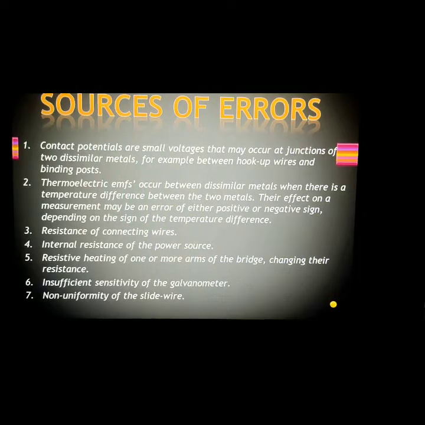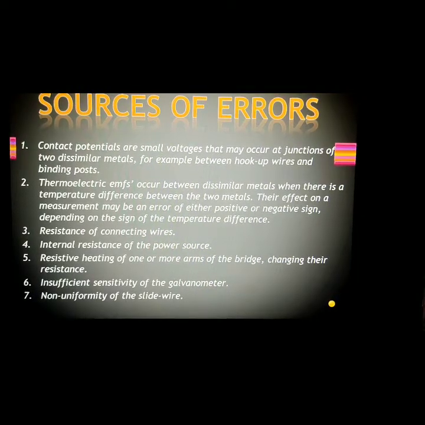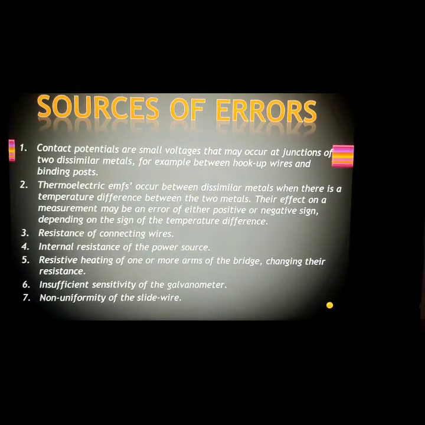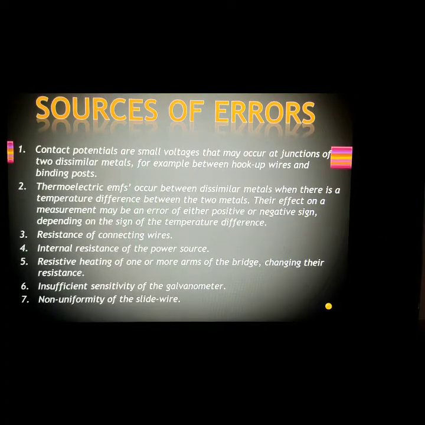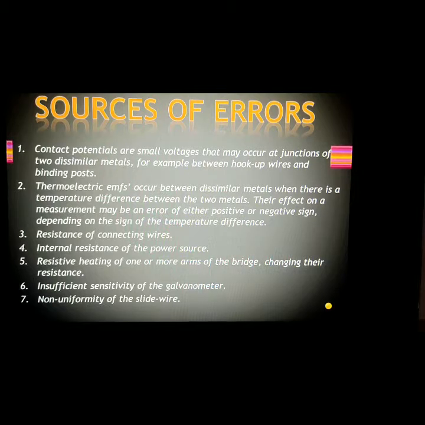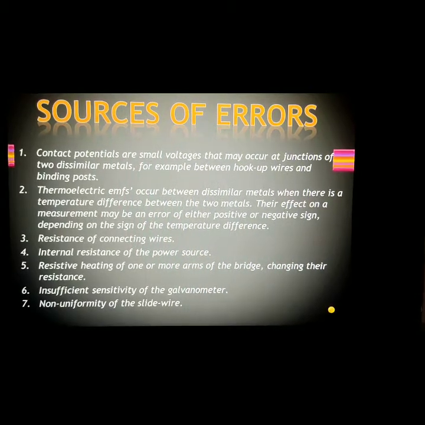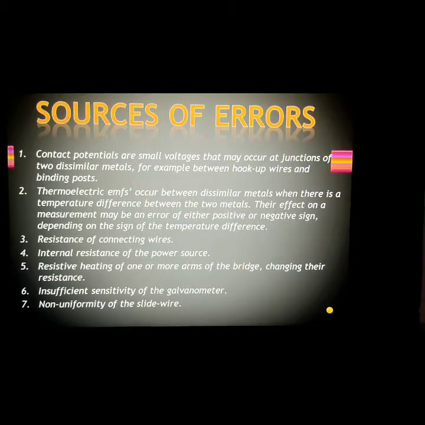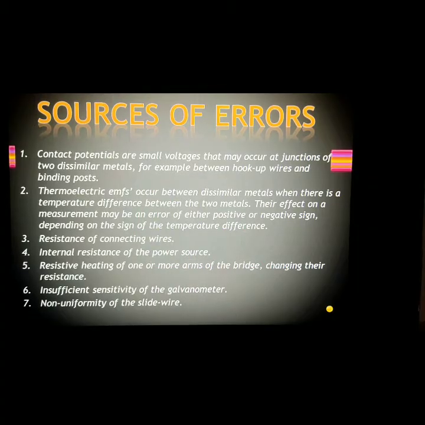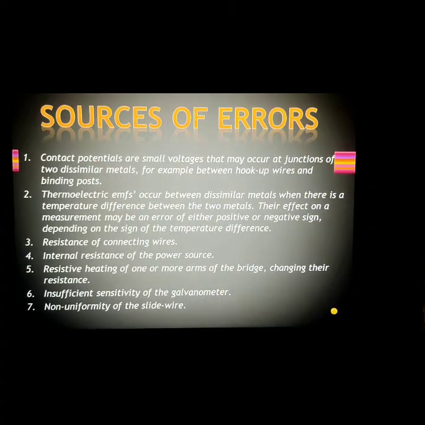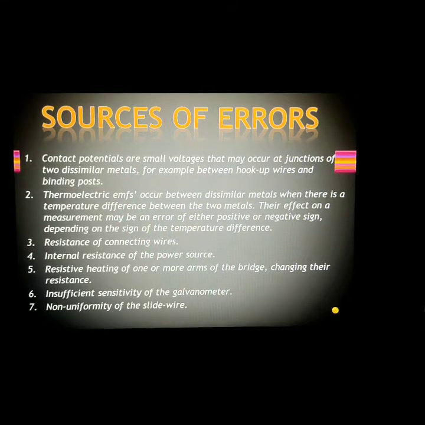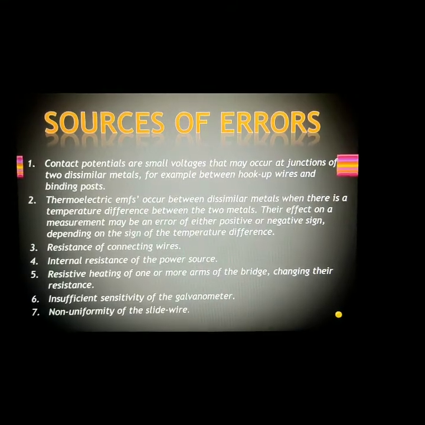Their effect on the measurement may be an error of either positive or negative sign depending on the sign of the temperature difference. Resistance of connecting wires, internal resistance of the power source, resistive heating of one or more arms of the bridge, changing their resistance, insufficient sensitivity of the galvanometer and non-uniformity of the slide wire.